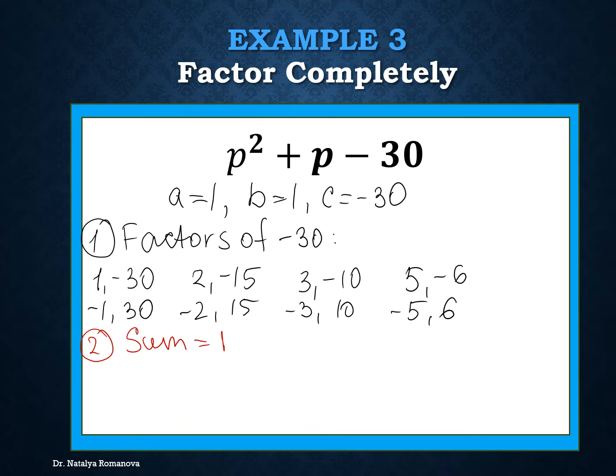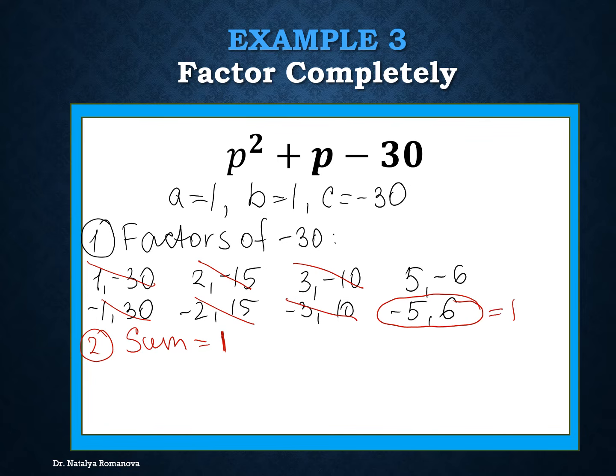equals b equals 1. So 1 negative 30 eliminate, negative 1 30 eliminate, 2 negative 15 eliminate, negative 2 15 no, 3 minus 10 is negative 7, cannot be 1, negative 3 plus 10 cannot be 1, 5 minus 6 is negative 1, we need 1, so negative 5 plus 6 is our couple because the sum equals 1.